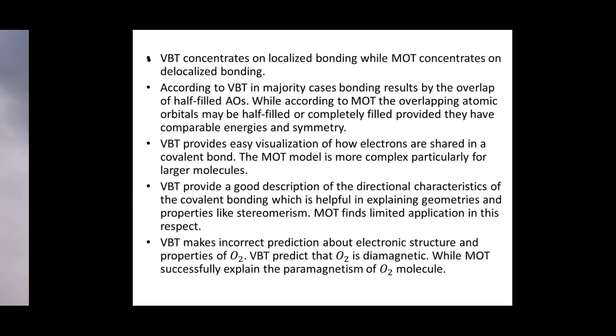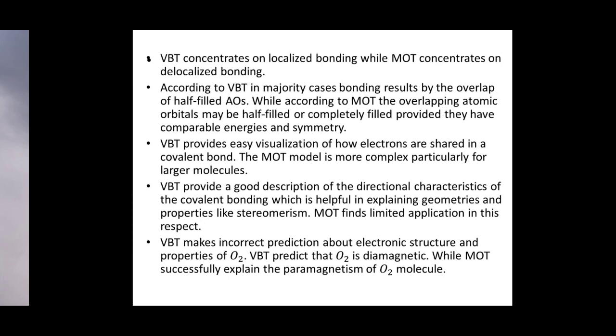So VBT gives the geometrical aspects. It explains why certain molecules exhibit a particular geometry. Those things are explained by VBT. So stereochemistry is mainly explained by VB theory, and those applications are limited in the case of MOT.